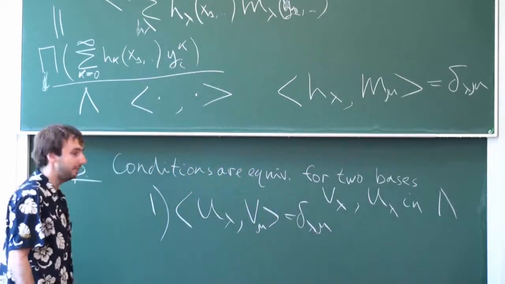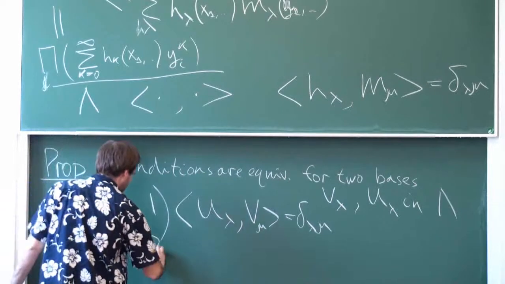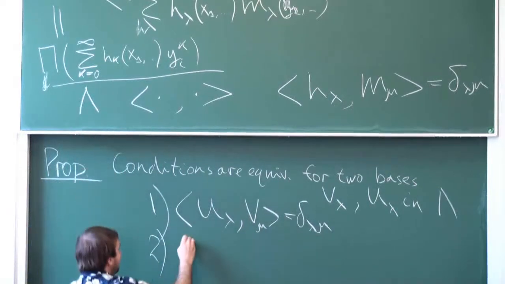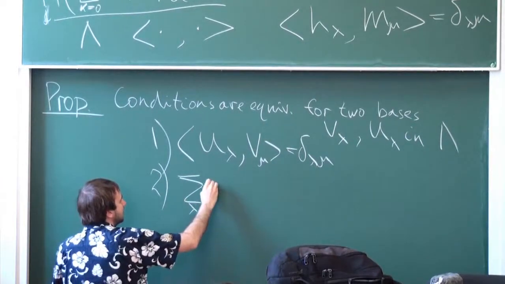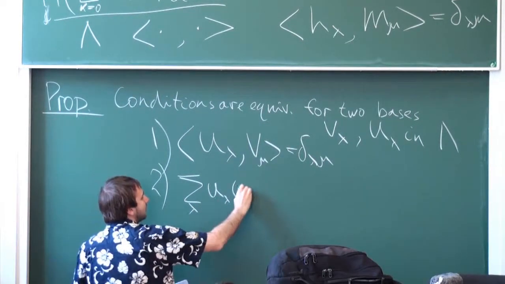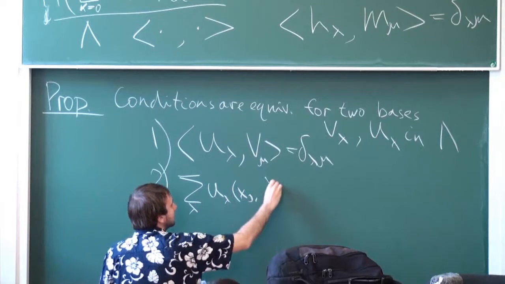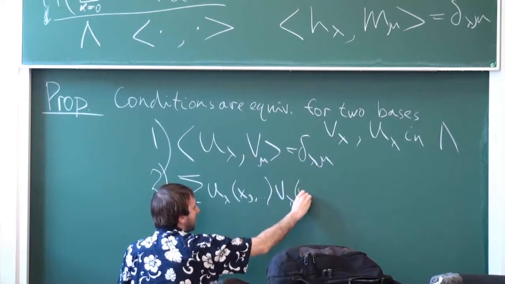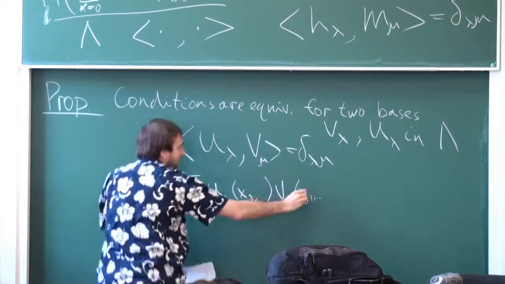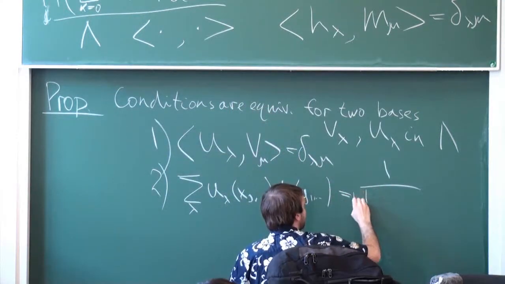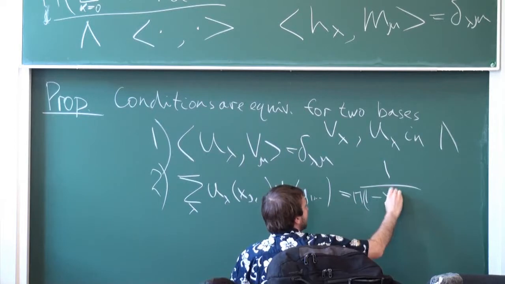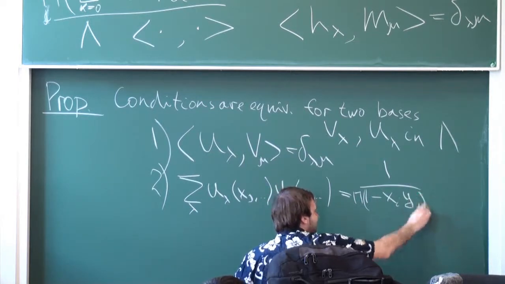This is the first condition. And the second condition is that the sum over all lambdas of U_lambda of x's times V_lambda of y's is equal to the product of 1 over 1 minus x_i y_j.